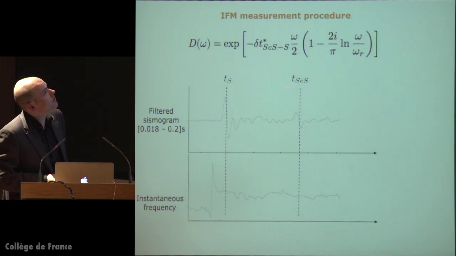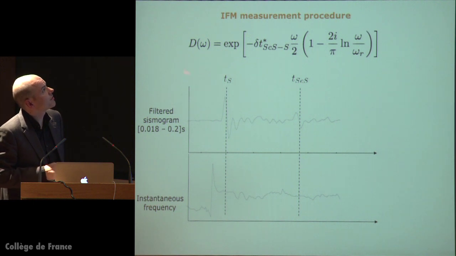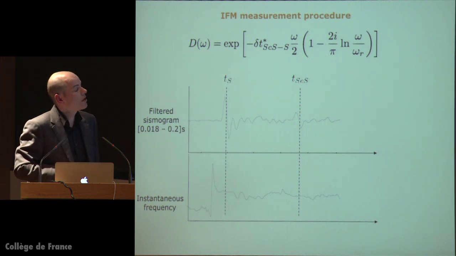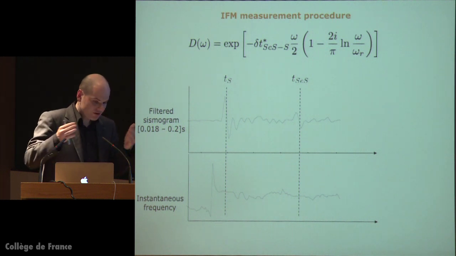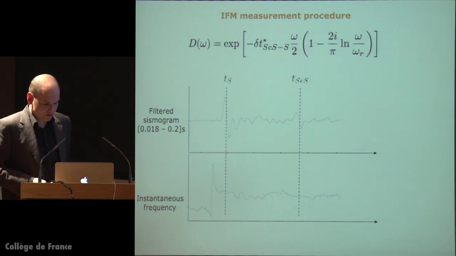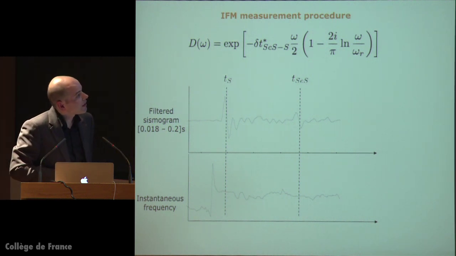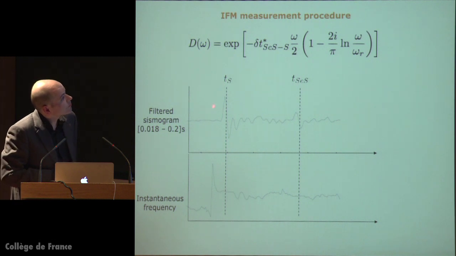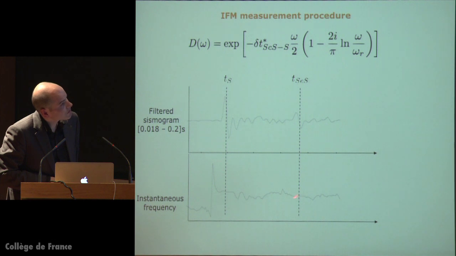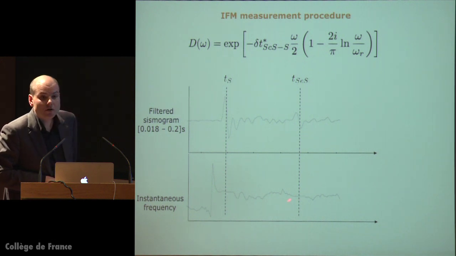And so then we use a measurement procedure based on an operator which takes into account both the dispersion and the amplitude decrease. What we can then measure, for example, is the instantaneous frequency of S and the instantaneous frequency of ScS. On this signal, for example, we can see that the two are not the same.